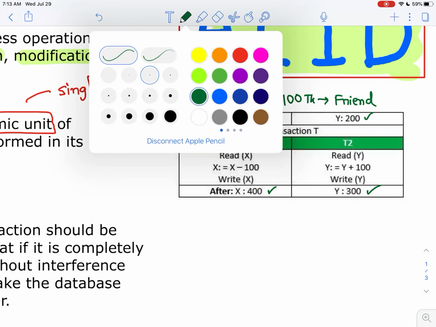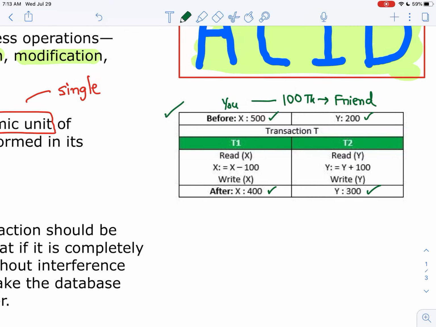Suppose the transaction is going to look something like this. It's going to first read your balance, which is 500 taka. Then it's going to subtract 100 from 500 to get your new balance, which is going to be 400.